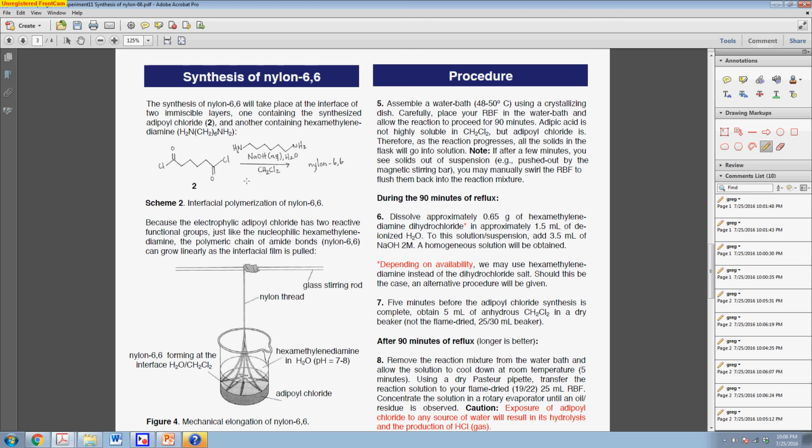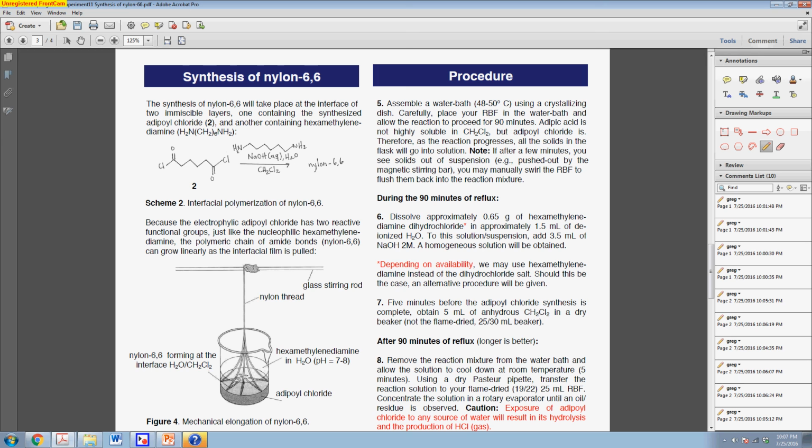And then in an aqueous phase, we're going to take hexamethylene diamine, which is this molecule shown right here, under basic conditions in water, and then we're going to put that into the top phase. What's so interesting about this is that the basic hexamethylene diamine is going to react with the diacid chloride at the interface of the organic phase and the aqueous phase.